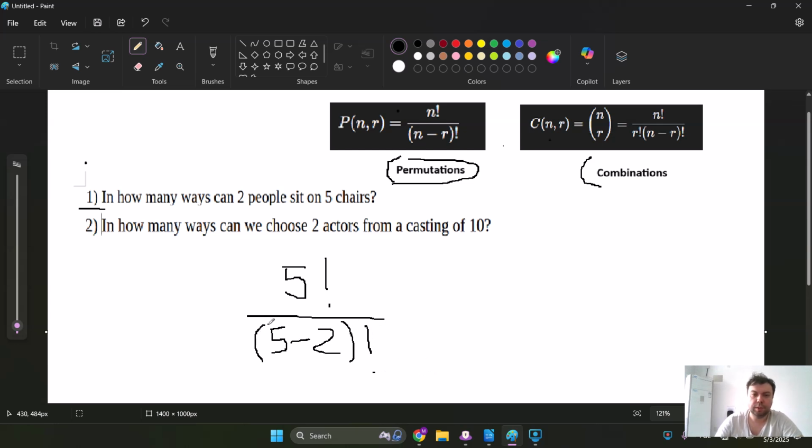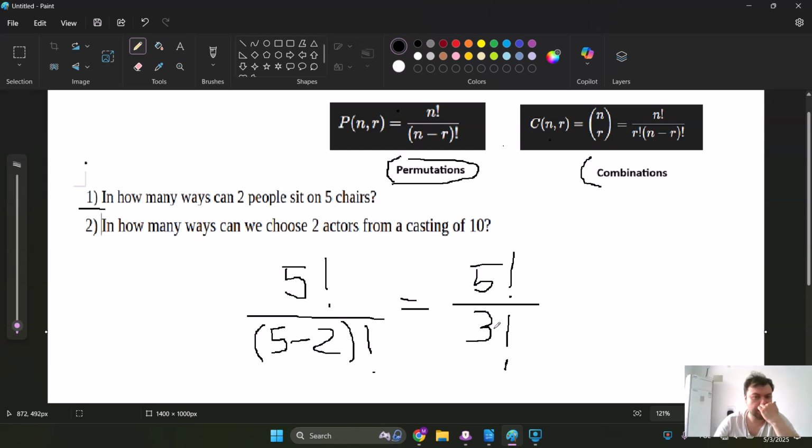The order of calculation for expressions in brackets is always first. So again, we can write that this is 5 factorial, factorial is written like an exclamation mark, 5 factorial divided by 3 factorial.